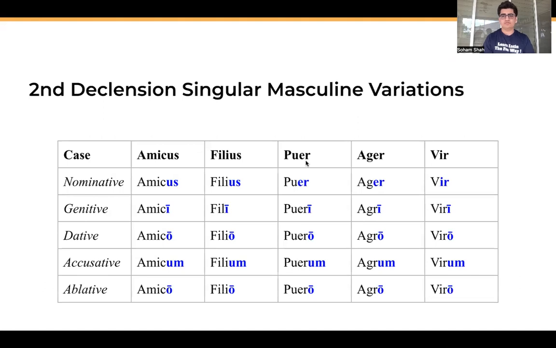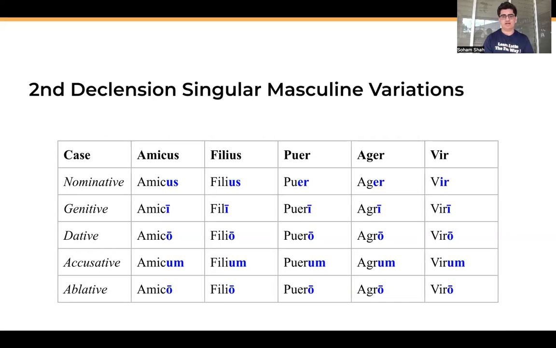So let's first look at some of the variations in the second declension masculine in the singular number. First, we have amicus, which is amicus, amici, amico, amicum, amico. So over here, let's understand that we don't necessarily have to focus on the initial part of the noun.